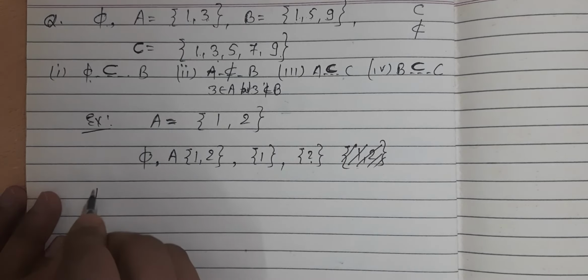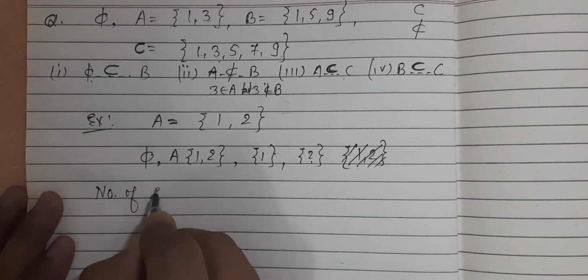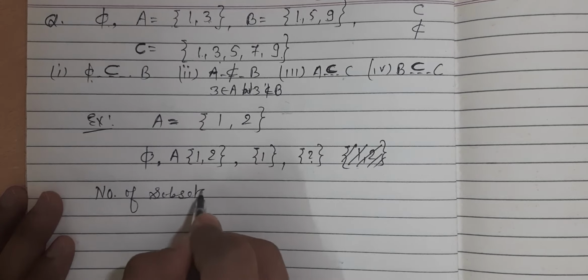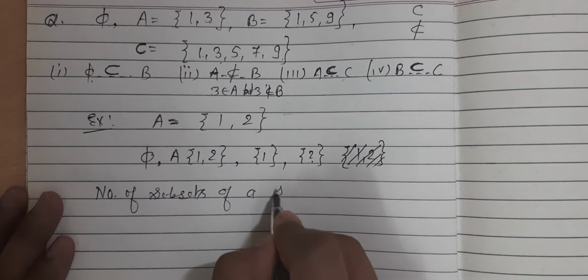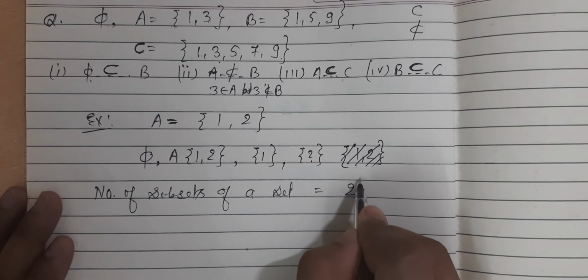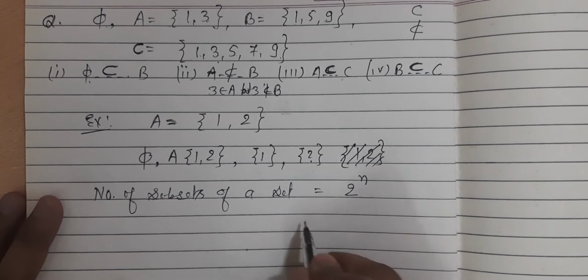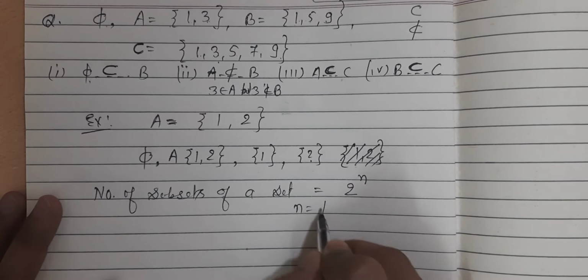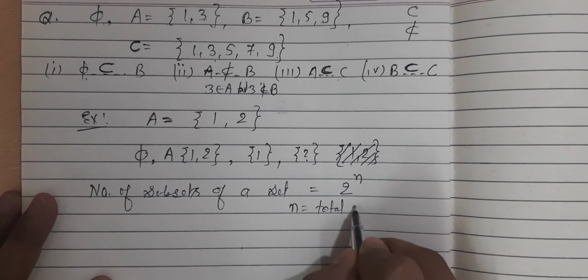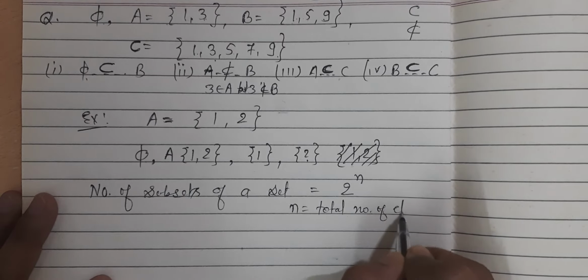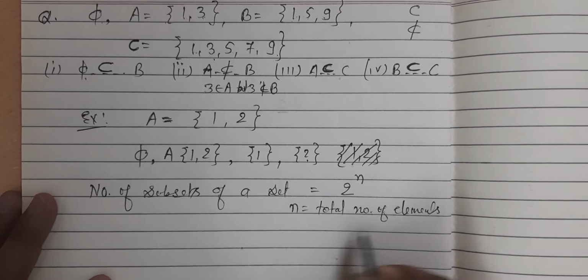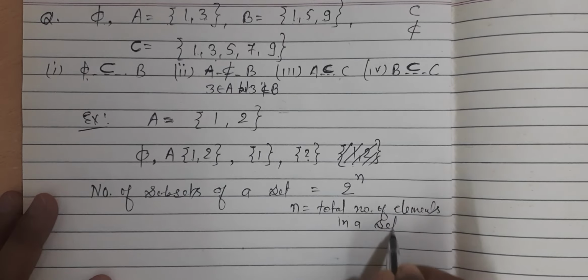Now there is a formula to find the number of subsets of a set, and the formula is 2 raised to the power n, where n is the total number of elements in a set.